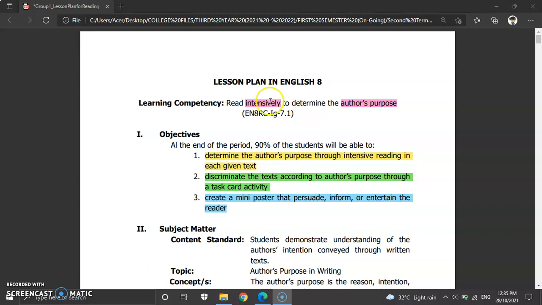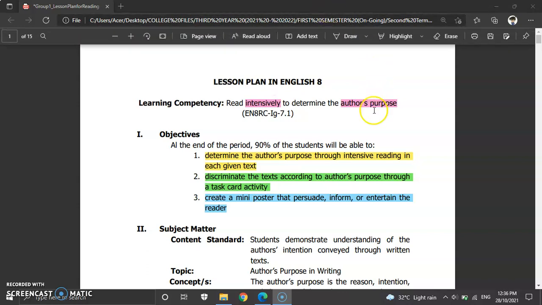So it is specific what way of reading the students will use. Intensive reading will be used in this discussion. We already know the difference between intensive and extensive reading. In intensive reading, they read a short text in order to extract specific information, and that is the author's purpose.